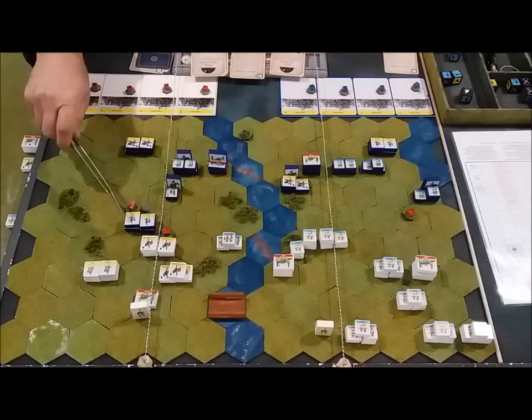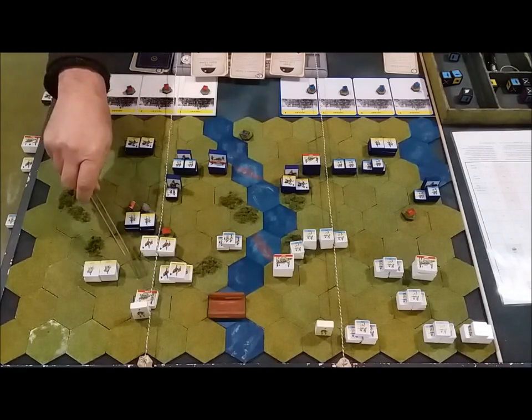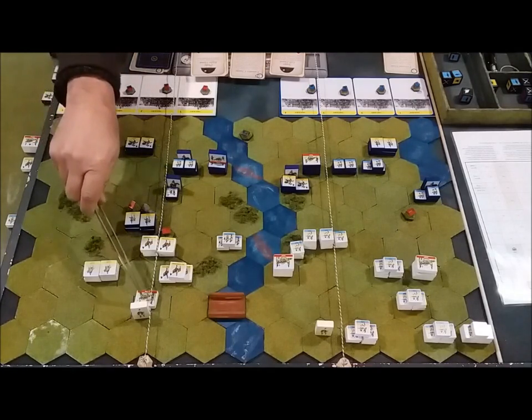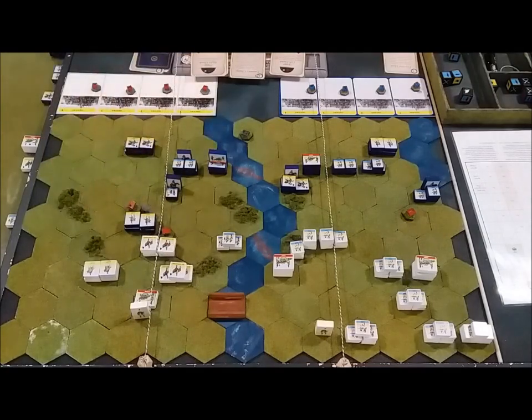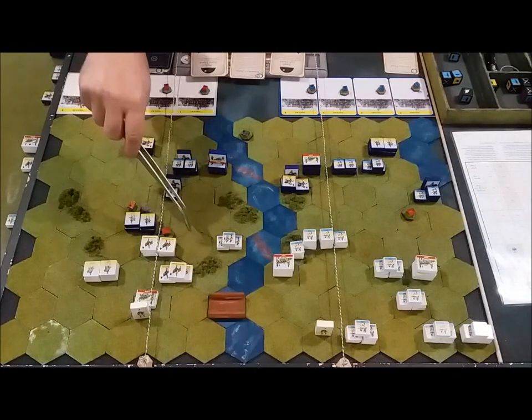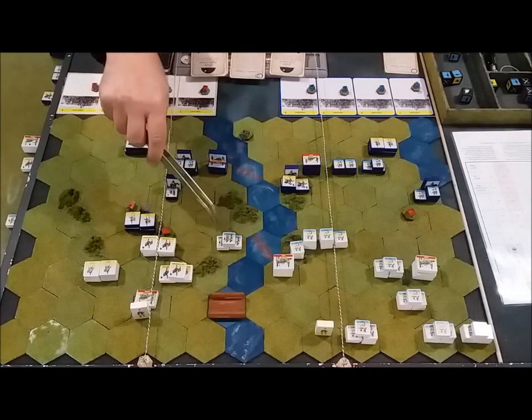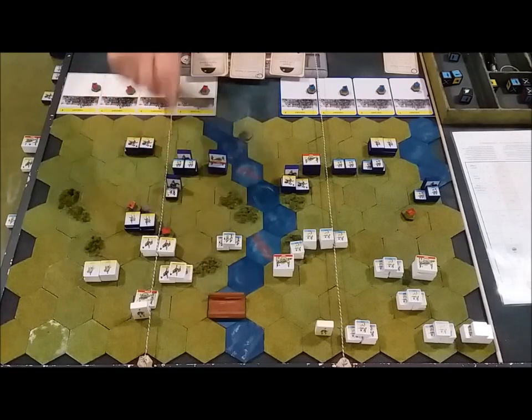So the light cav here could go 1, 2, and try and take this out, and then maybe cut around behind the cuirassiers. Or they could go 1, 2, and try and take out the grenadiers, but the grenadiers can still retreat back this way.